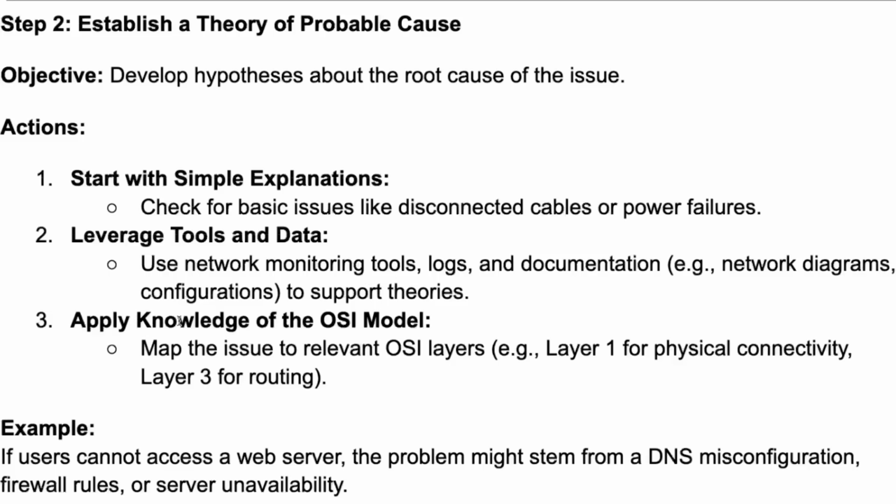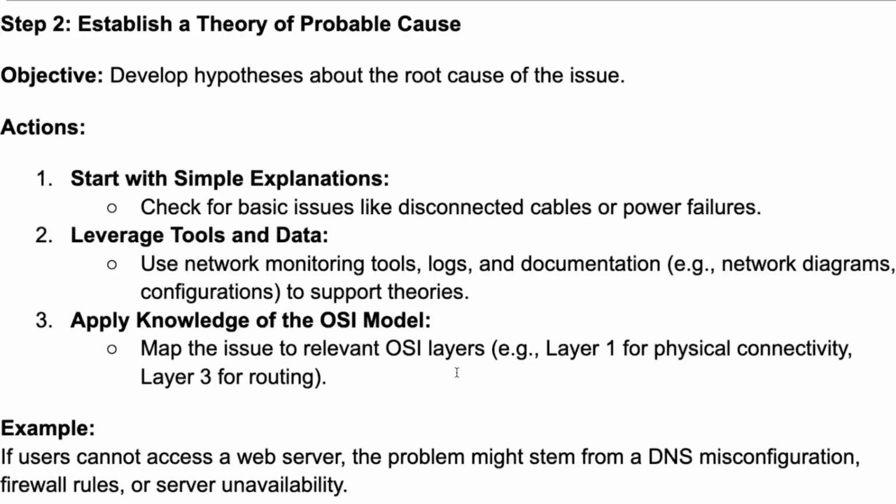And then you apply that knowledge of the OSI model that we gathered at the very beginning of this. So you would map the issue to the relevant OSI layer. So if it is indeed a DNS issue, then it's obviously not layer one of this whole thing, right? It's not on the actual physical layer, and it's probably not on the data link layer.